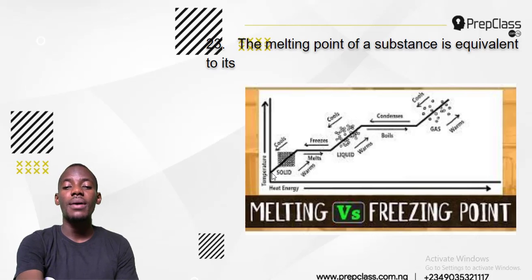Now this is water. Okay, this is solid ice. When you heat it, it starts increasing in temperature. It will get to 0 and it will start melting. When it melts, if you keep heating it, it will start increasing in temperature. It will get to 100, it will start boiling, and when it boils, it will change into steam or vapor.